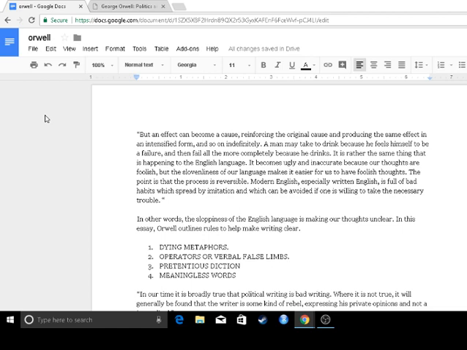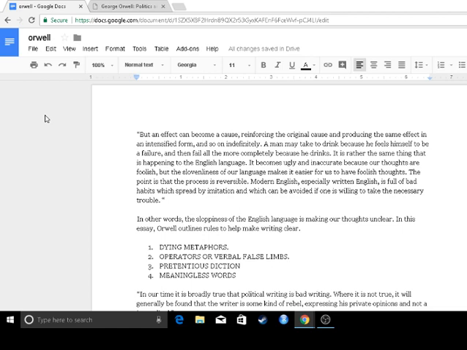It is rather the same thing that is happening in the English language. It becomes ugly and inaccurate because our thoughts are foolish. The slovenliness of our language makes it easier for us to have foolish thoughts. The point is that the process is reversible. Modern English, especially written English, is full of bad habits which spread by imitation and which can be avoided if one is willing to take the necessary trouble.